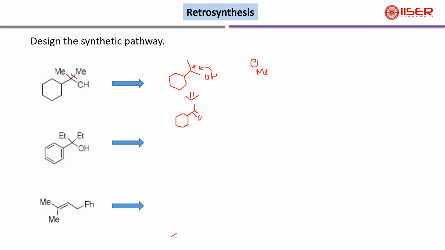And this methyl can be negatively charged. Whenever there is an alkyl group or aryl group with a negative charge, we can get it from a Grignard. Just think about Grignard. So we can use methyl magnesium bromide.